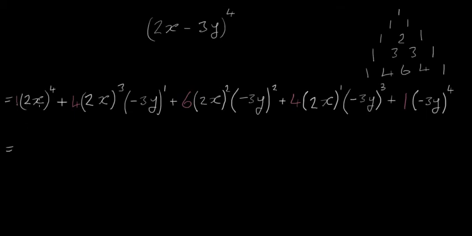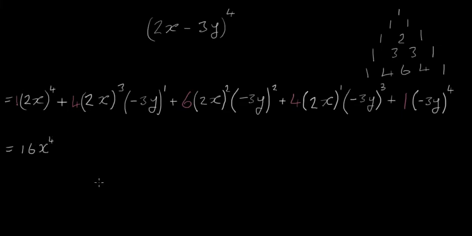We've got a 2x to the power of 4. 2x to the power of 4 means that you raise 2 to the power of 4 and x to the power of 4. If you raise 2 to the power of 4, you will get 16. 2 times 2 times 2 times 2 will give you 16. Now you've got to raise the x to the power of 4, so that will give you just x to the power of 4.